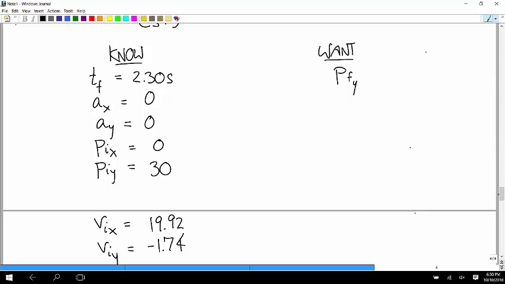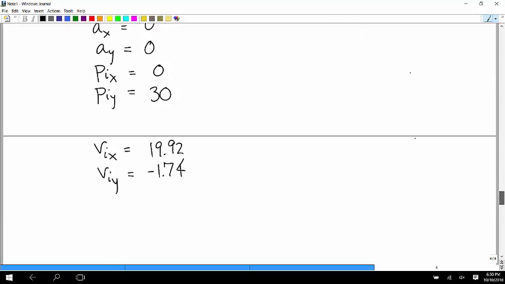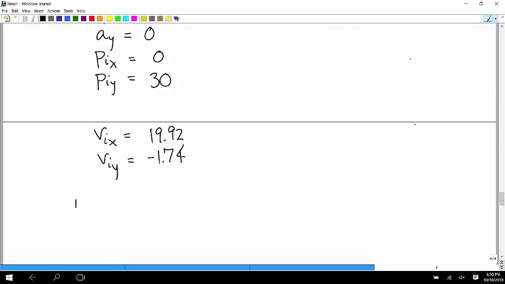Okay, so is there an equation that works to find PFY with these knowns? I think this one should. PFY is equal to PIY plus VIY TF plus 1/2 AY TF squared.